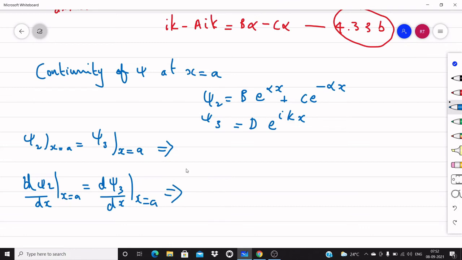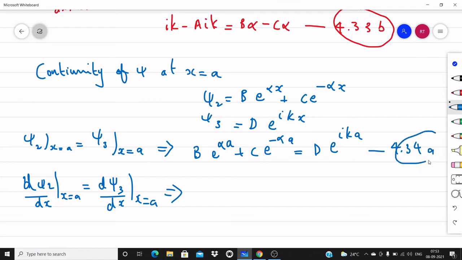First, applying x equal to a, we have b e raised to alpha a plus c e raised to minus alpha a is equal to d e raised to ika. I think we have to give the same equation number so that we may not be confused. The equation is 4.34a.